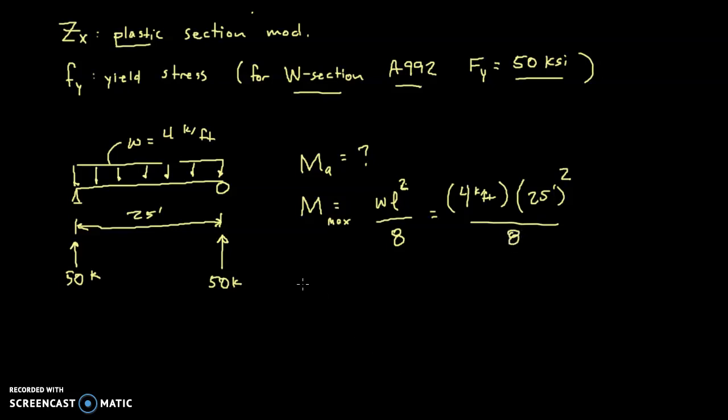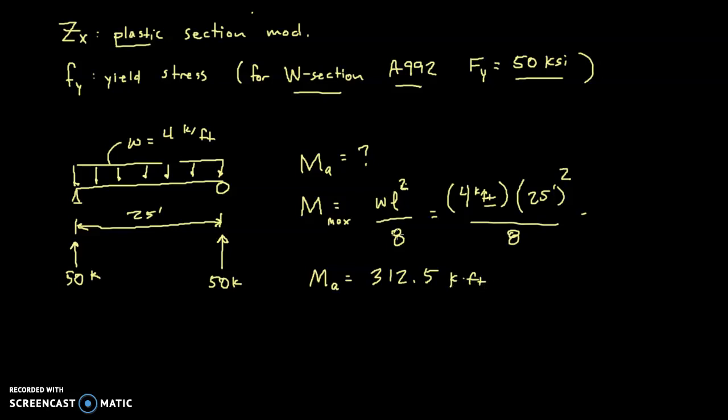So the maximum moment that this beam is going to experience with its given loading situation equals 312.5. Let's look at the units here. I've got kips and I've got feet. So that's kip feet.